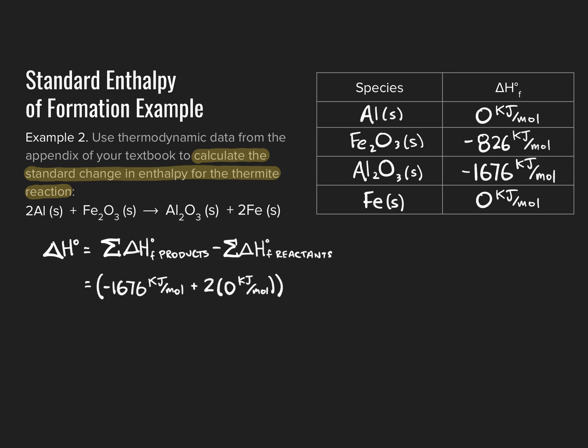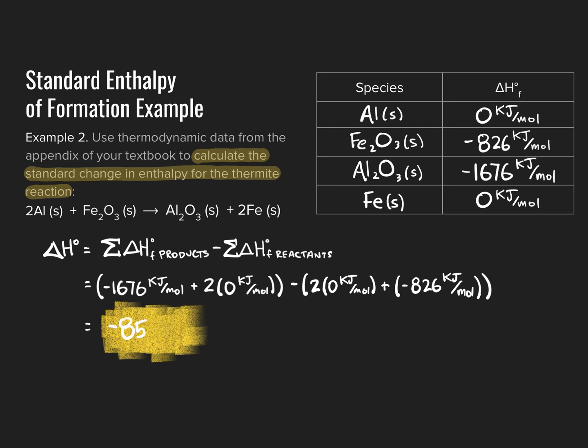I'm going to subtract from that the sum of the heats of formation of my reactants, which again would be 2 times the heat of formation of my aluminum, which again was 0 by definition, plus the heat of formation of my ferric oxide, Fe2O3, which again was given as a value of negative 826 kilojoules per mole of ferric oxide formed. And as I make that subtraction, that is the sum of the heats of formation of the products minus the reactants, it yields for me here an overall reaction enthalpy change of negative 850 kilojoules per mole of reaction.